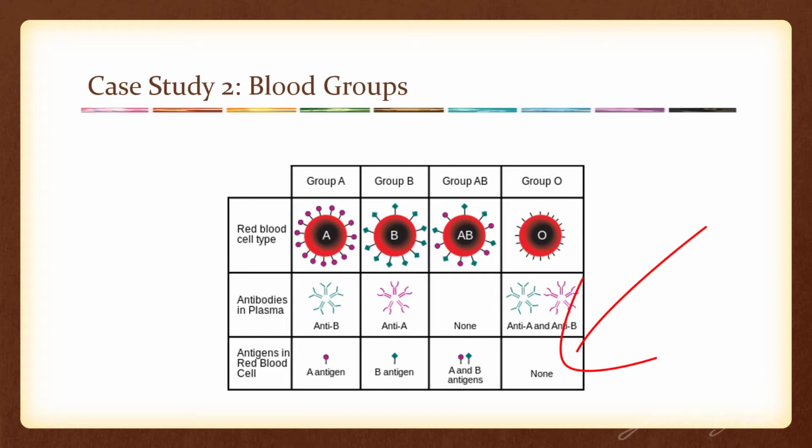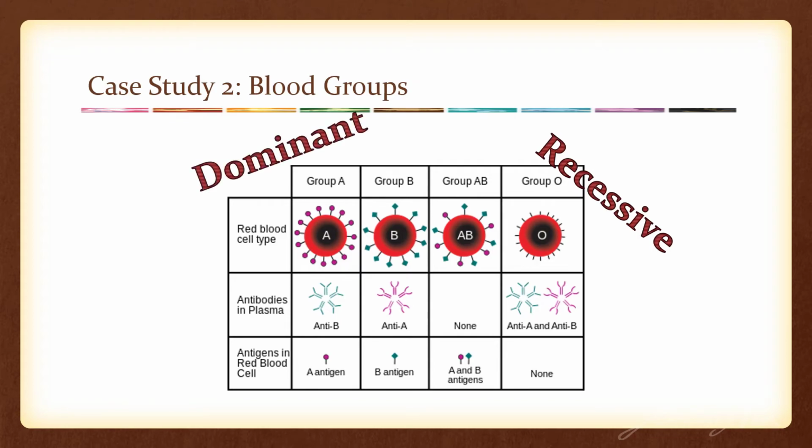That means the allele doesn't have the information to produce either the A or B antigen. Therefore, blood group O is the recessive allele, while blood group A as well as blood group B are the dominant alleles when we compare to blood group O.